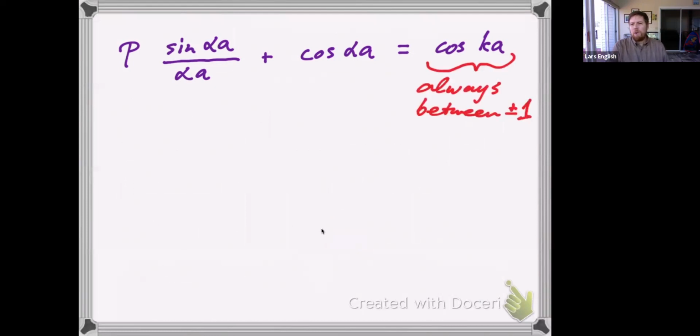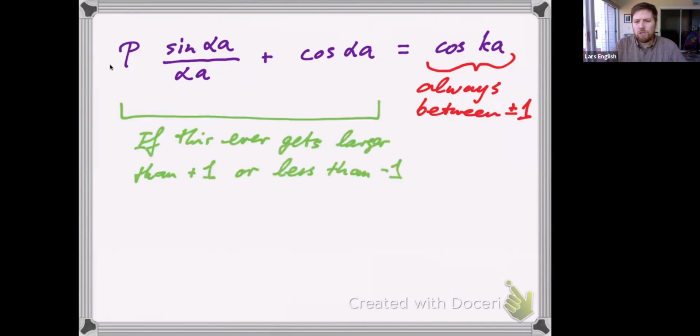And the way we want to approach it is by comparing the left side to the right side. The right side here is just the cosine Ka. And we know about the cosine, it is basically always in the range of -1 to 1. It stays within that band of -1 to 1, and so that means that the left-hand side better also stay within that band. Alternatively, if this ever gets larger than +1 or less than -1, we cannot find a solution.